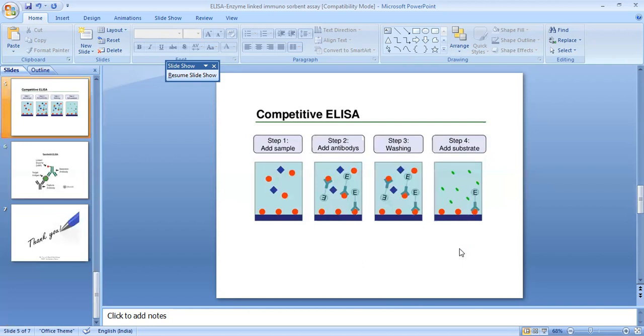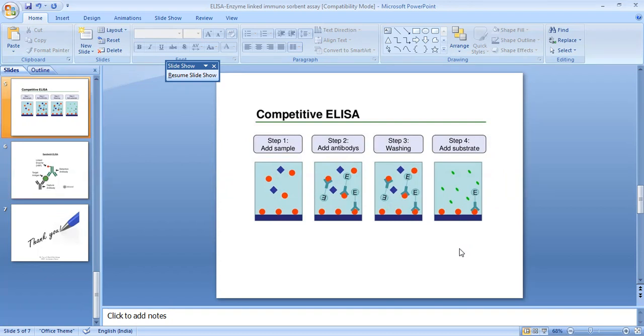Here what they do is they mix the antigen with this specific antibody in a separate vial. Then this mixture will be loaded to the microtiter plate. The unbound antigen will be adsorbed to the surface of the microtiter plate. Now you add the serum containing the antibody. Now there will be a competition between the antibodies for the binding site on the antigen.